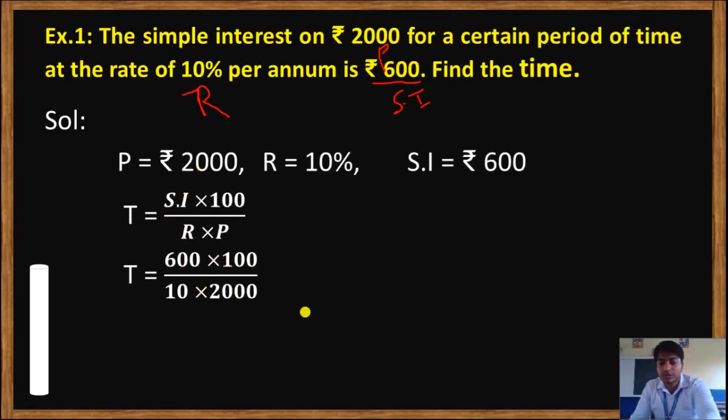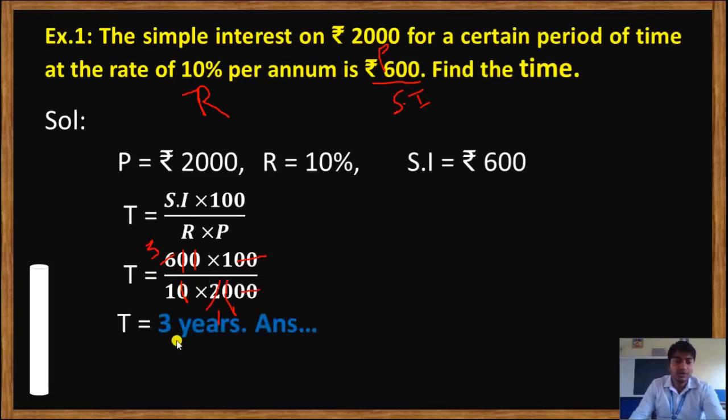Now reduce the terms. 20 cancels by these 20, then 10 cancels by this 10. Then 2 ones are 2, 2 threes are 6. That means time is 3 years. This is the answer of this question.